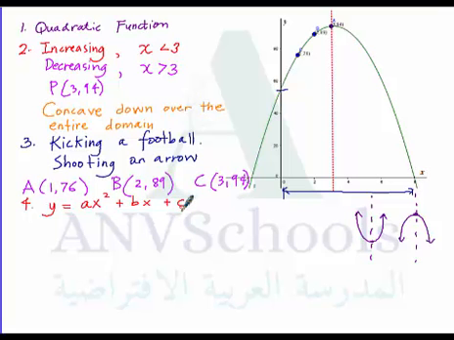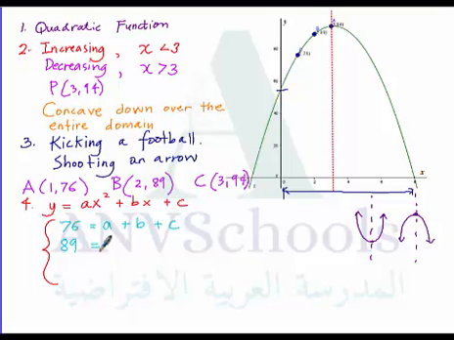Substituting the values for x and y for these three points, for the first point A, we get 76 equals a, because our x is 1 and 1 squared is just 1, plus b, plus c.